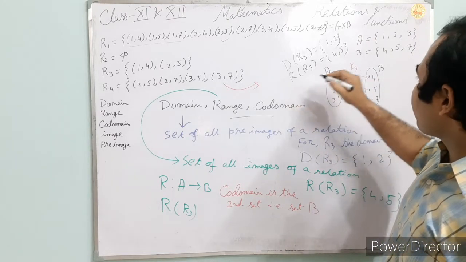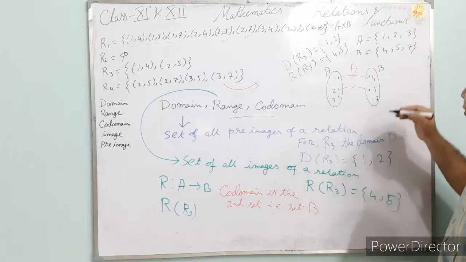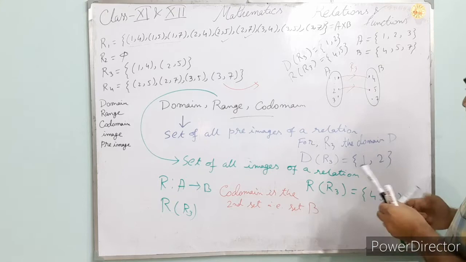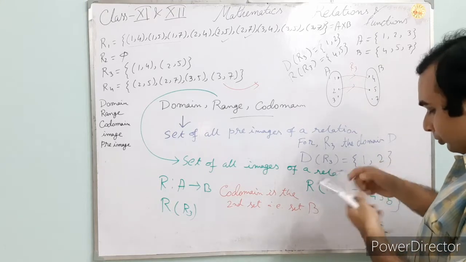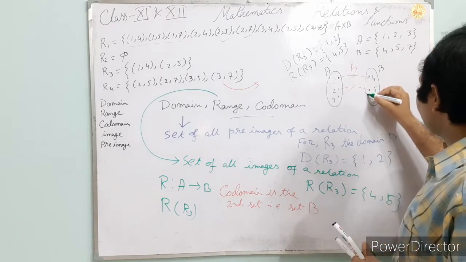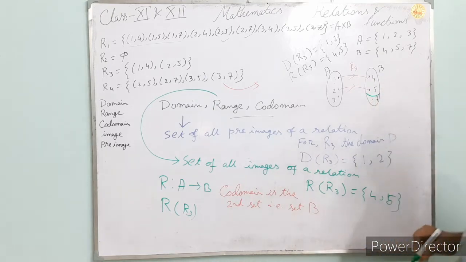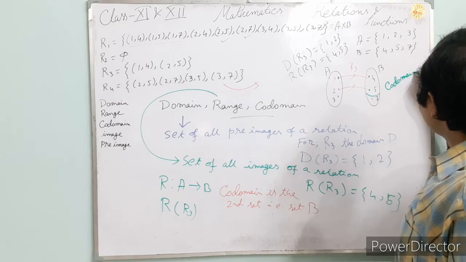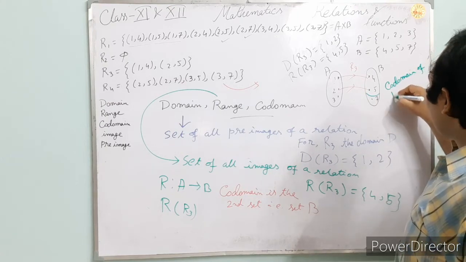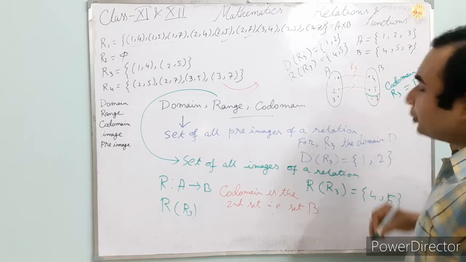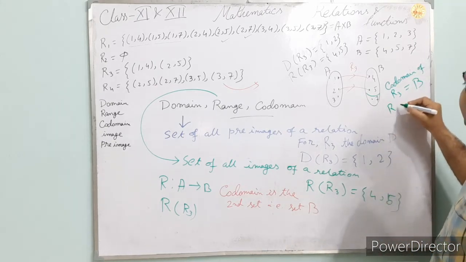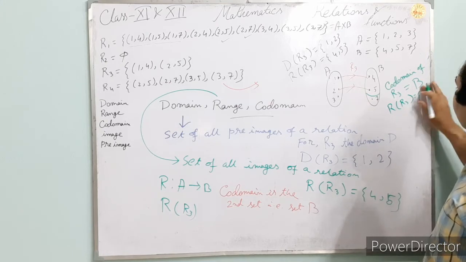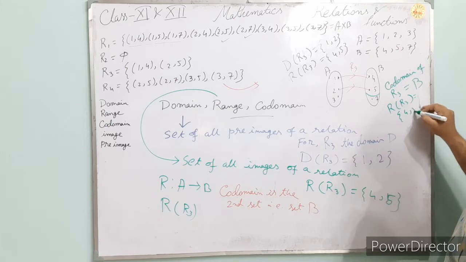Now here, if I draw like this, the codomain of R3 is the set B, but the range of R3 is only 4 and 5.